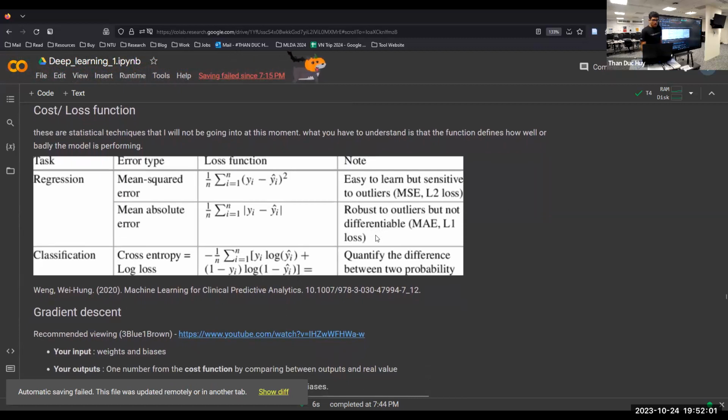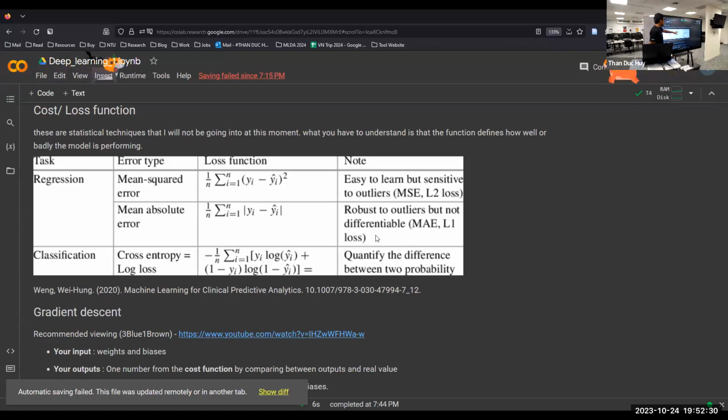Okay, so this is what we have come up with to figure out how badly or how well your model is performing. There are multiple different kinds of loss functions. For a regression problem, where you have a range of numbers and there are no discrete numbers, you use mean square error or mean absolute error.